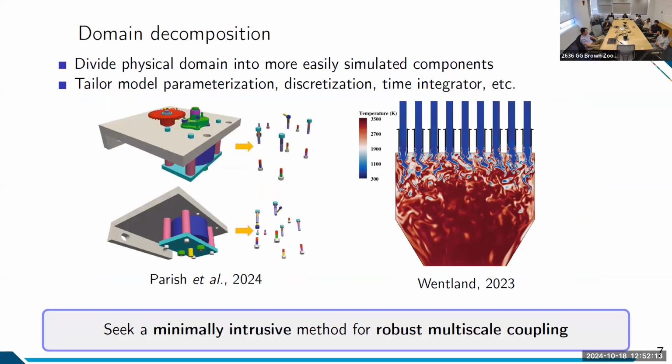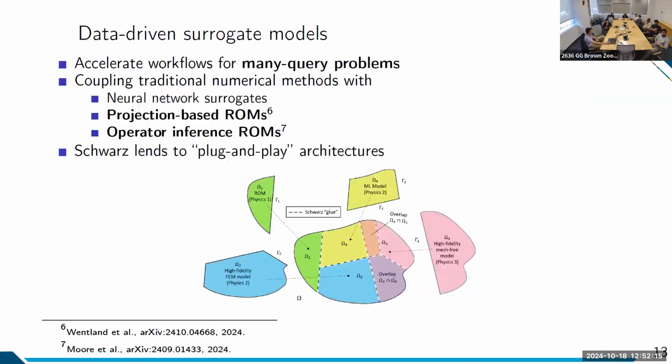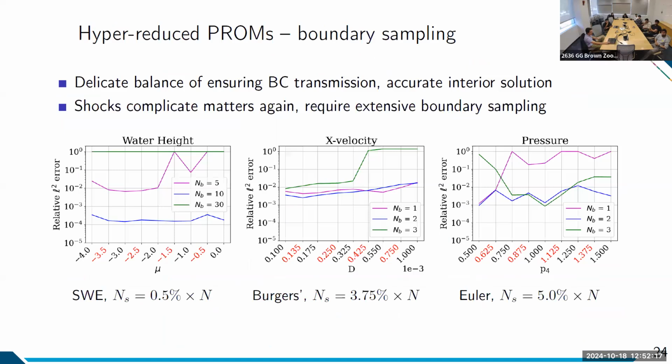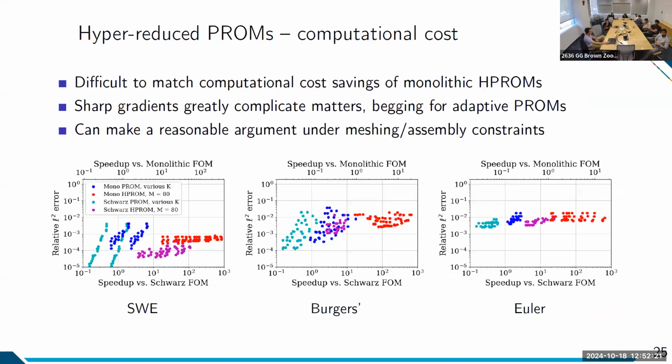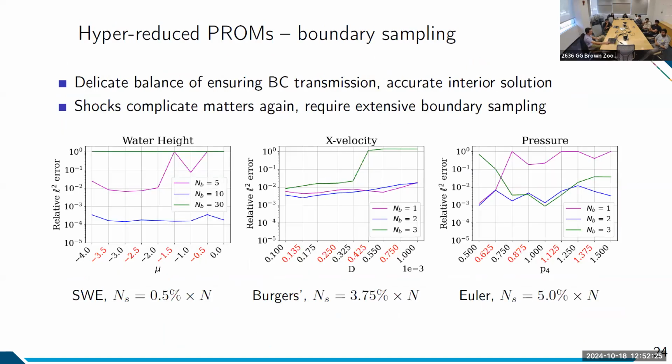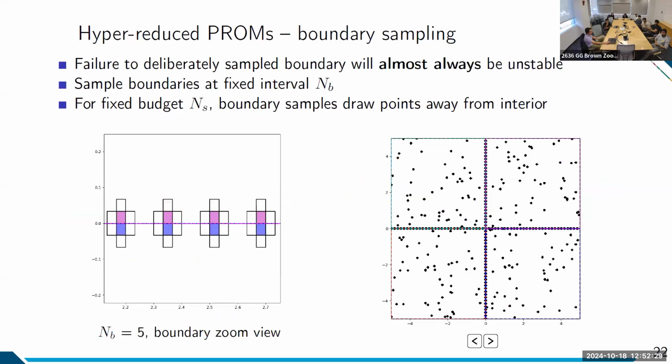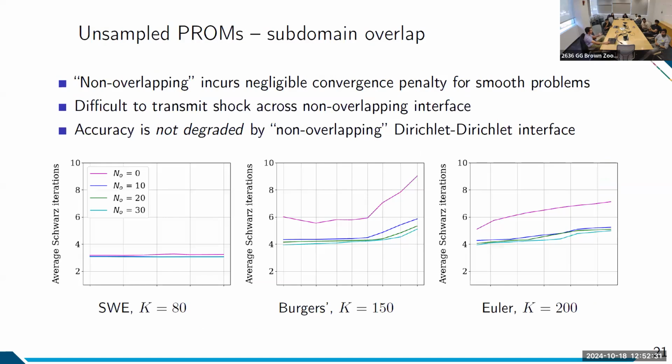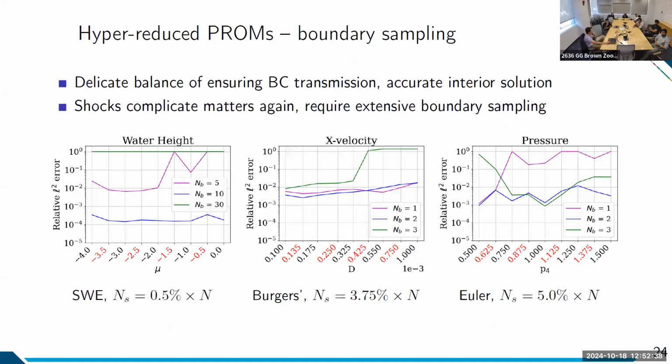Can you go to, I think, slide 25, where I show the error results, where you show the convergence with respect to the number of points you took? Not this one, you're saying this is the overlap amount. This is the error relative to the boundary sampling.